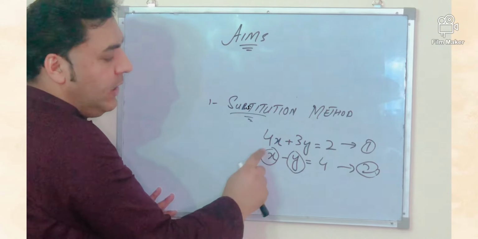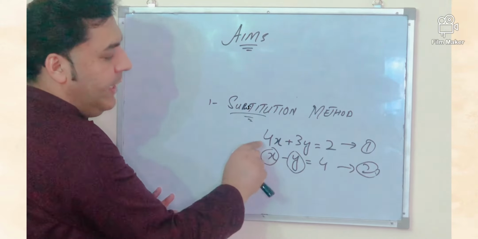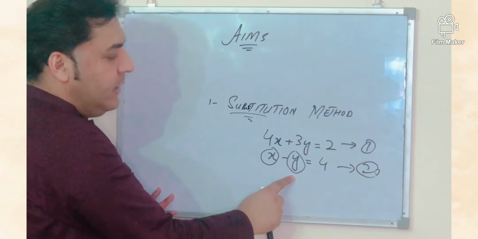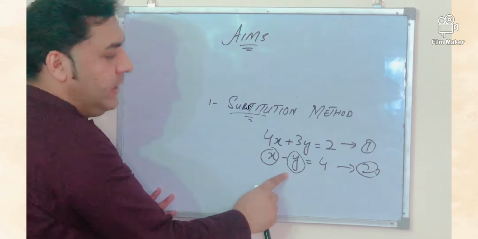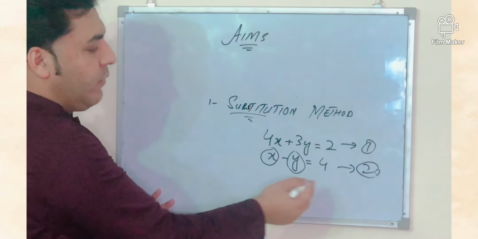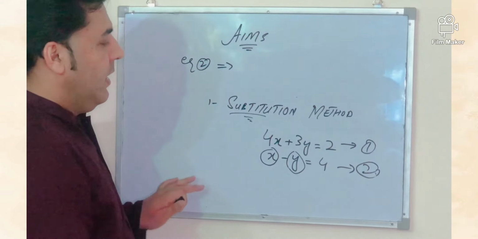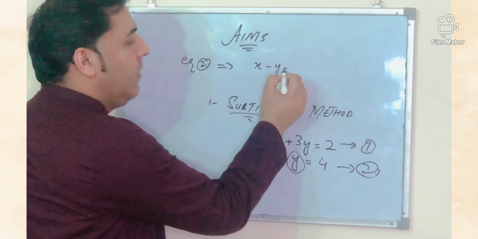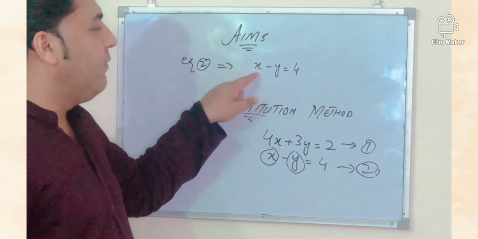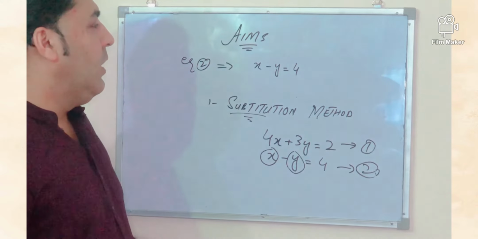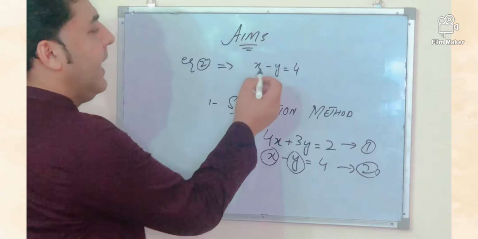These are not having any coefficients, only 1 is the coefficient. Here 4 is coefficient, 3 is coefficient. So if I refer to this equation, I can solve it easily. So I will take equation number 2. Equation number 2 implies x minus y equal to 4. You can extract y or you can extract x. So let me extract x.